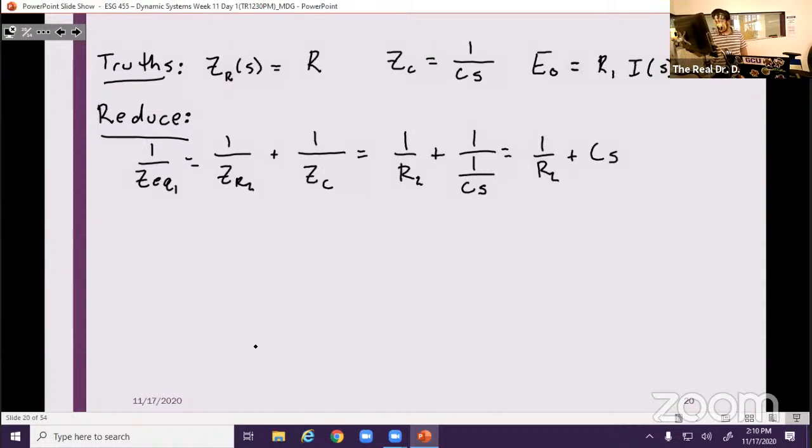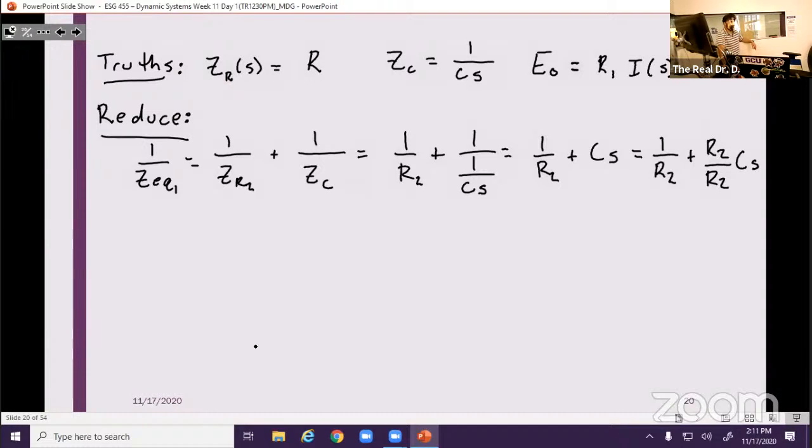But I don't like the way this looks, and I'm going to create a common denominator, right? Just to refresh, how do I do that? I'll multiply the CS term by R2 over R2, right? Why? Because it's multiplying by 1. It doesn't change anything about it.